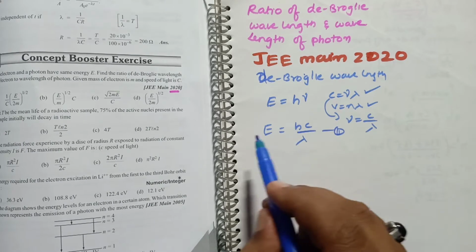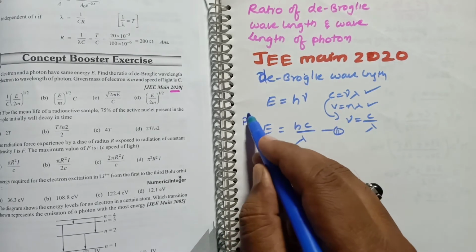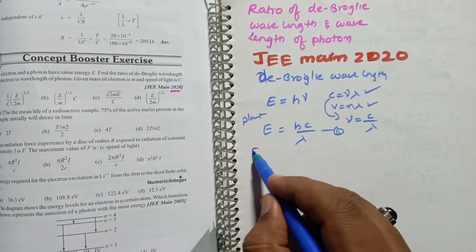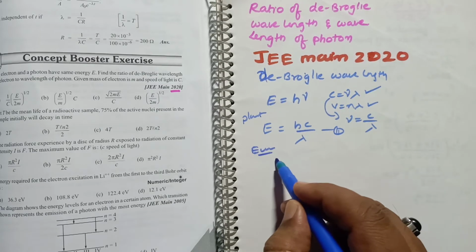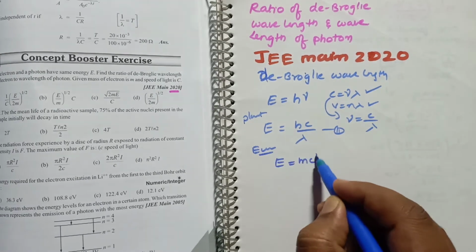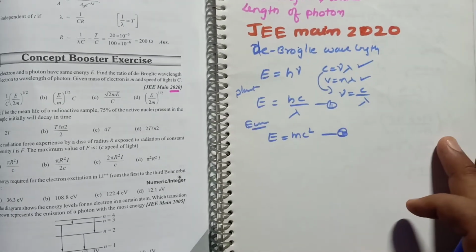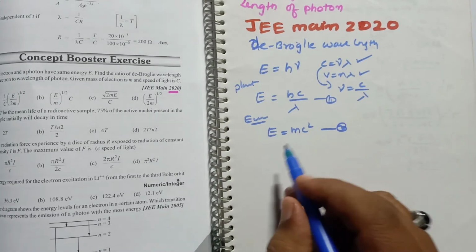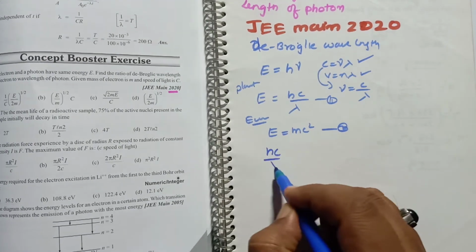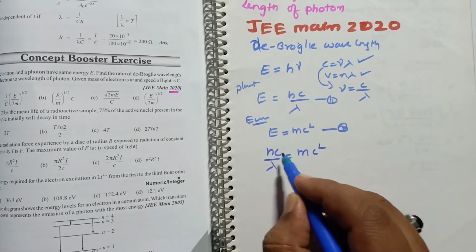This is explained by Planck. What is explained by Einstein? Einstein says that E is equal to mc square. These two formulas are given by different scientists, so let us make them equal. hc by lambda is equal to mc square.